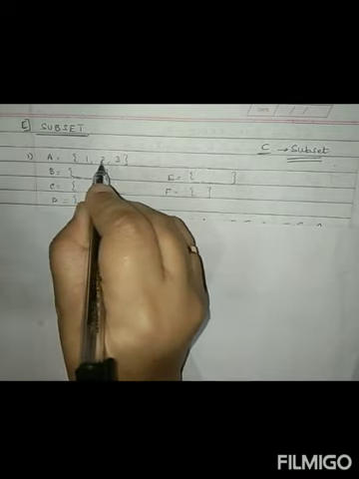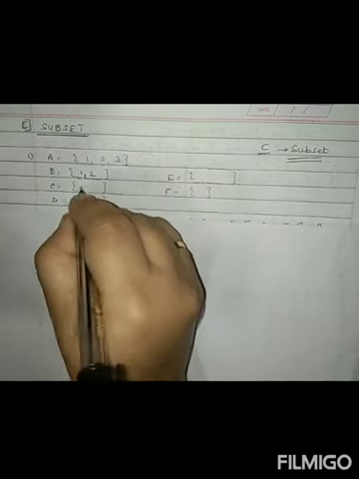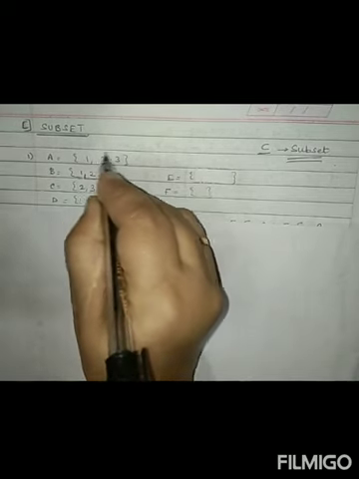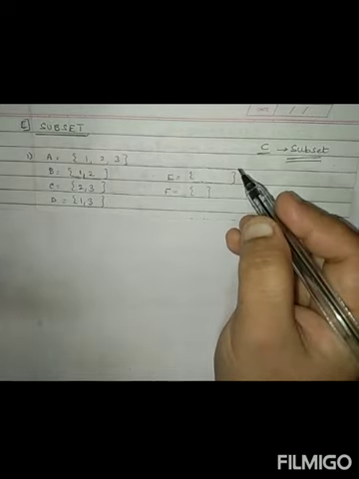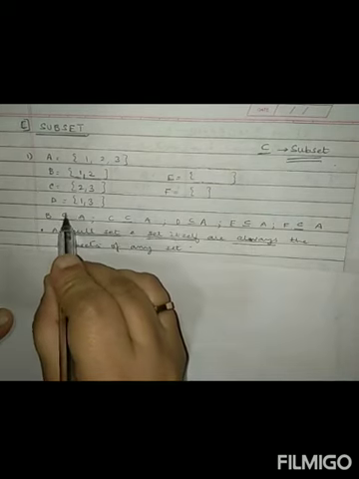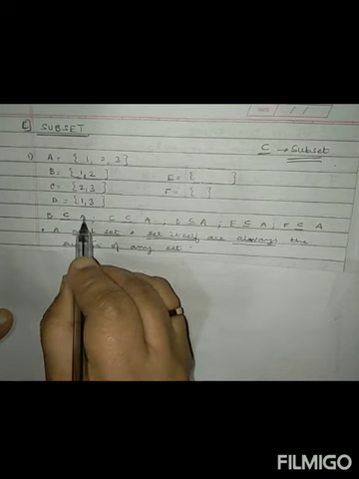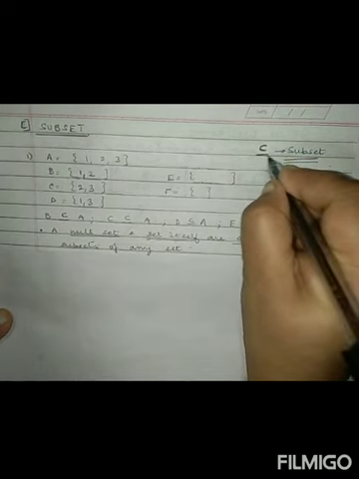For example, 1, 2; 2, 3; 1, 3. Okay, and now we will write it as B is a subset of A. This is the symbol for subset.